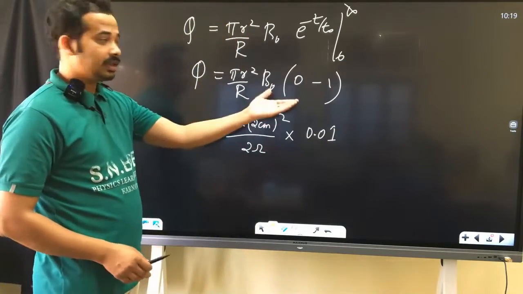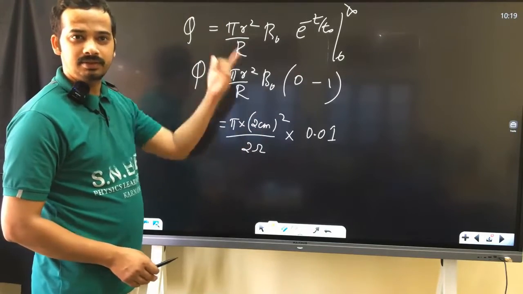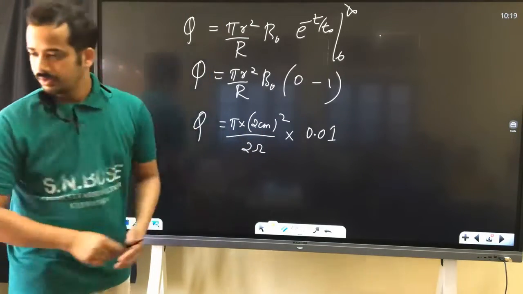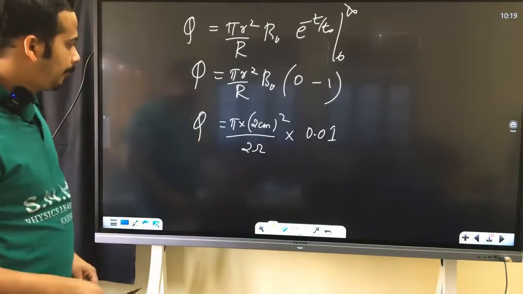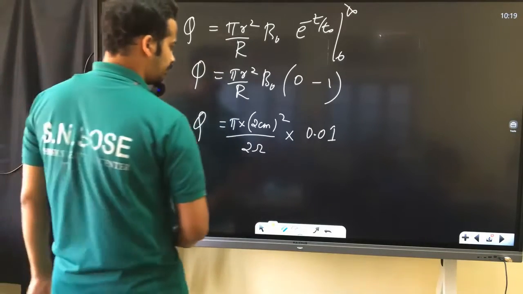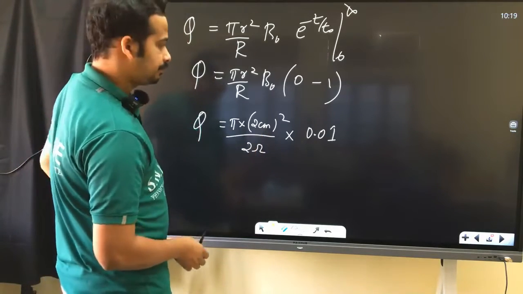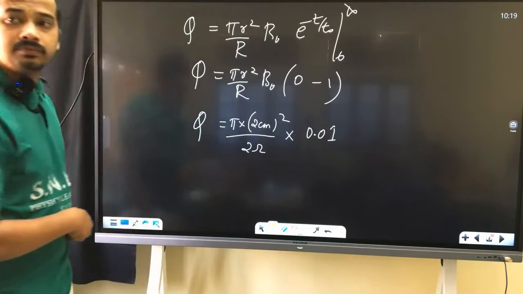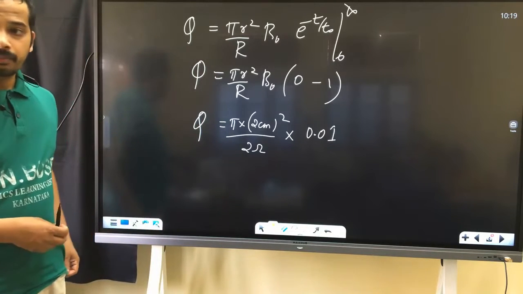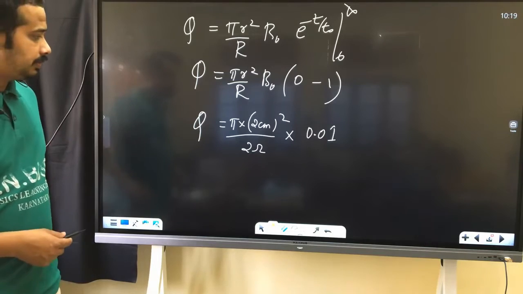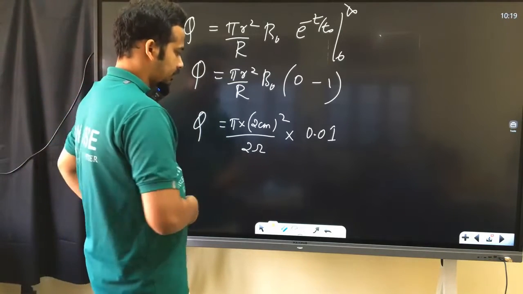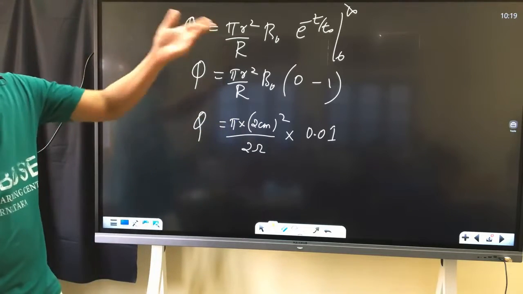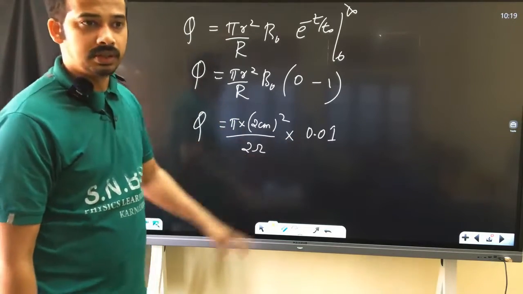Now, if you have taken the negative sign, you would not have ended up with a negative sign. So can you do this one quickly? Convert it into meter. Pi, not multiplied with anything. 2 pi, 2 square. Yeah, 2 pi means 6 point something. Yeah, that's right.